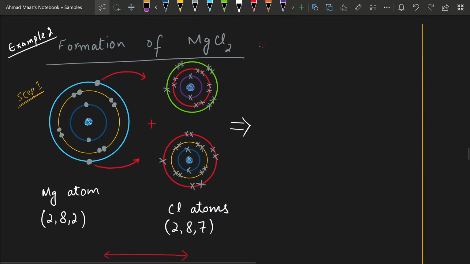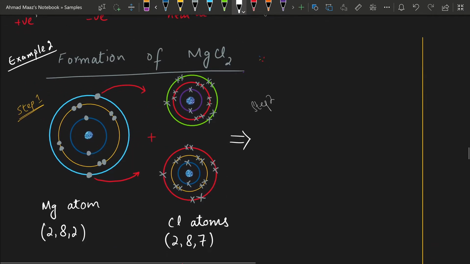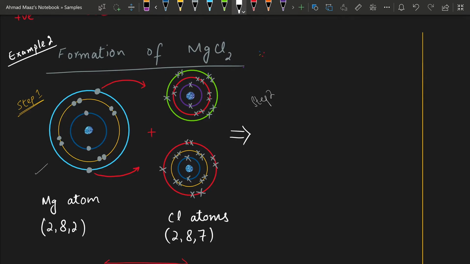Let's have a look at another example: formation of magnesium chloride. Step 1 and step 2 both take place simultaneously. The magnesium atom has 3 shells and 2 electrons in its valence shell, and the chlorine atoms have 7 electrons in the valence shell.